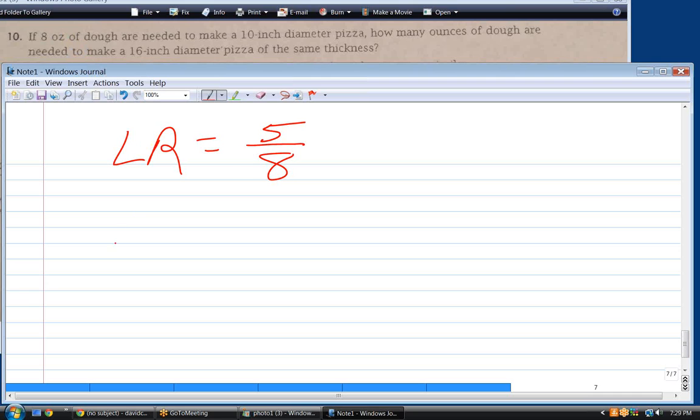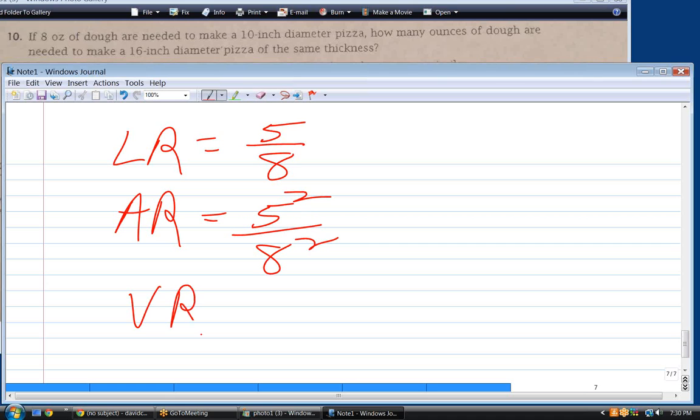If the linear ratio is 5 to 8, the area ratio, which is not pertinent here, but I'm going to list it anyway, is 5 squared to 8 squared. But the volume ratio is what we want. That would be 5 cubed to 8 cubed.